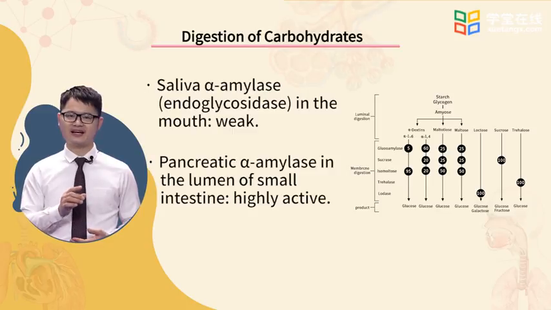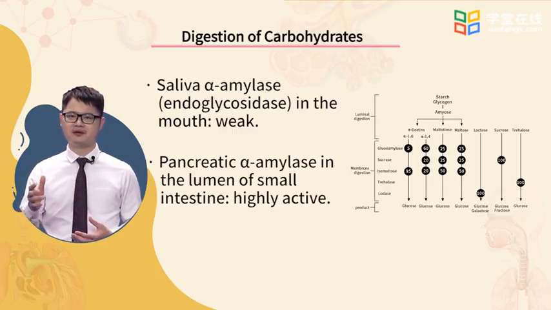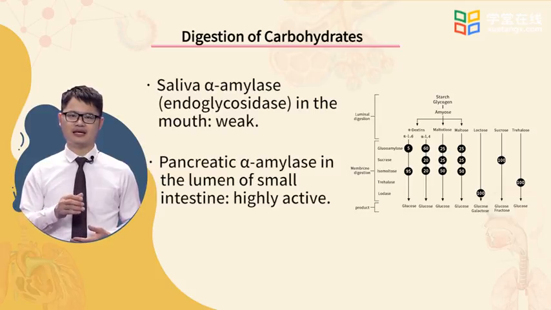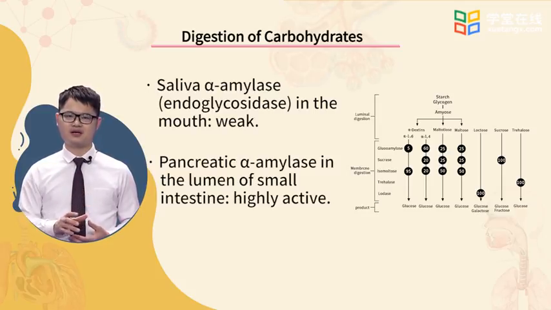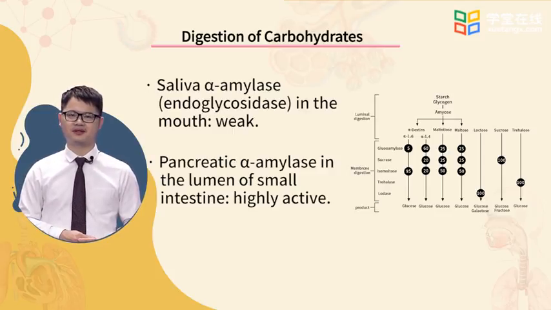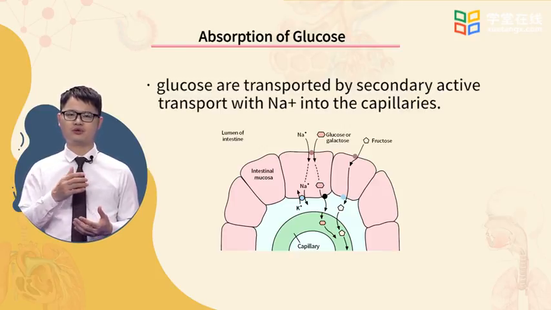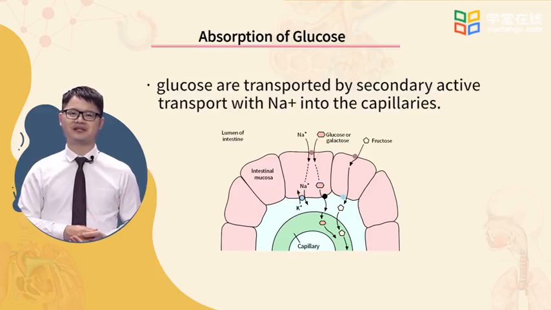This is a highly active enzyme that cleaves complex carbohydrate into lactose, sucrose, maltose, etc. The final digestion of carbohydrates is completed by the enzymes on the brush border of intestinal mucosa cells. And glucose is absorbed by the secondary active transport with sodium ion into the capillaries.